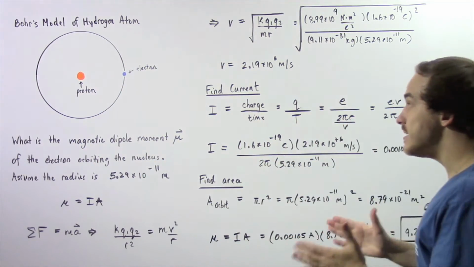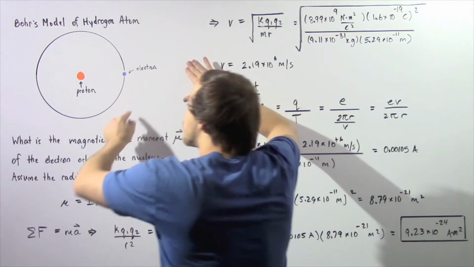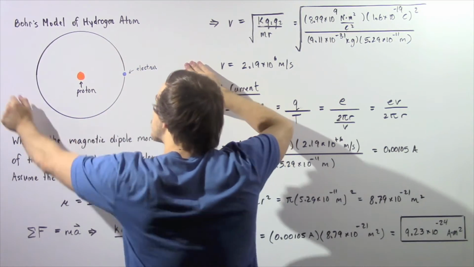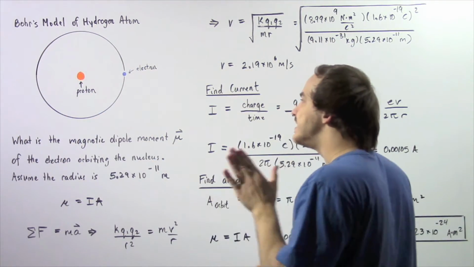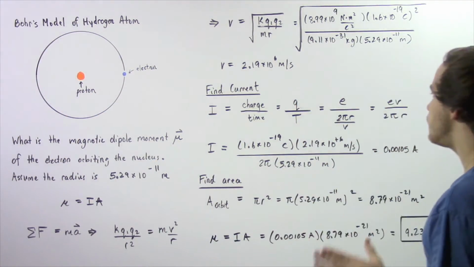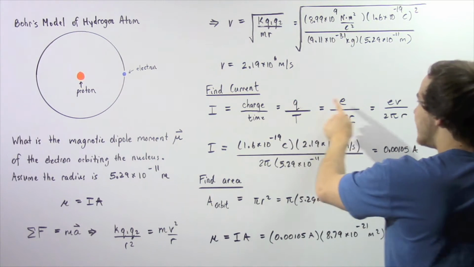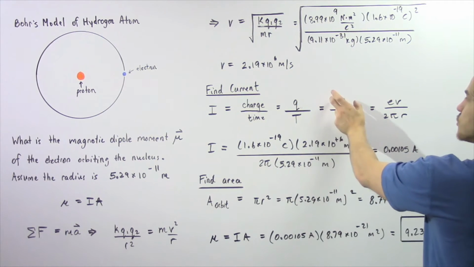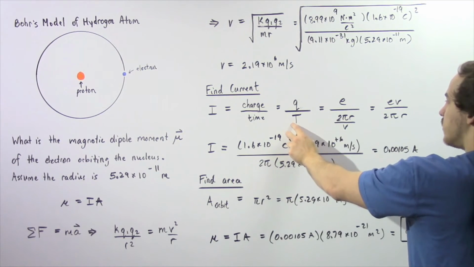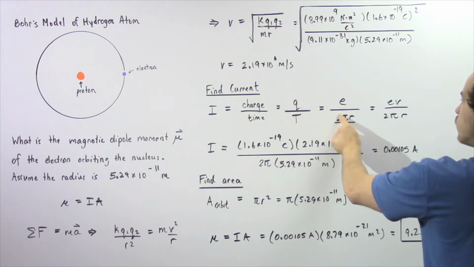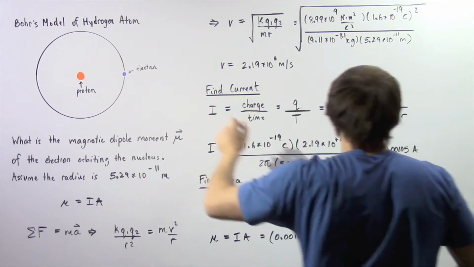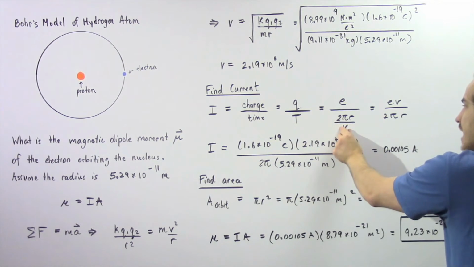The period is equal to the circumference, the distance traveled by the electron, divided by the velocity of that electron. So Q is the quantity of charge on one electron, and the period T is equal to 2 pi r, our circumference, divided by our velocity.